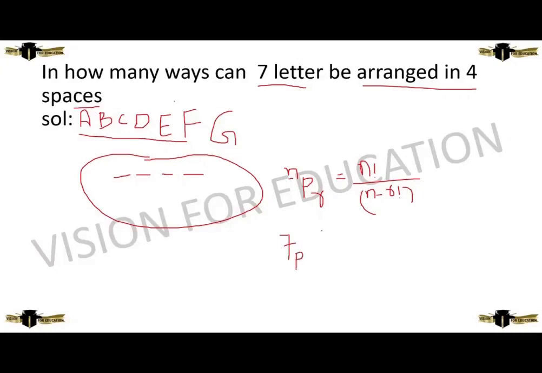Here r means the number of spaces they are asking us to arrange in, that is 4. 7P4 is equal to 7 factorial by 7 minus 4 factorial, that is equal to 7 factorial by 3 factorial. 7 factorial is equal to 5040, divided by 3 factorial, which is equal to 6.